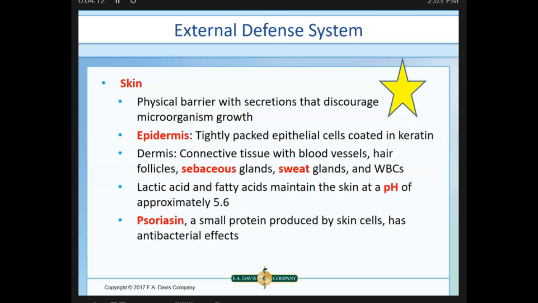The epidermis is very tightly packed epithelial cells coated in keratin, and the dermis is the connective tissue with blood vessels, hair follicles, and our sebaceous and sweat glands, and a few white blood cells. Lactic acid and fatty acids on the skin maintain the pH at approximately 5.6, which is acidic. And then psoriasin is a small protein produced by skin cells that has antibacterial effects.